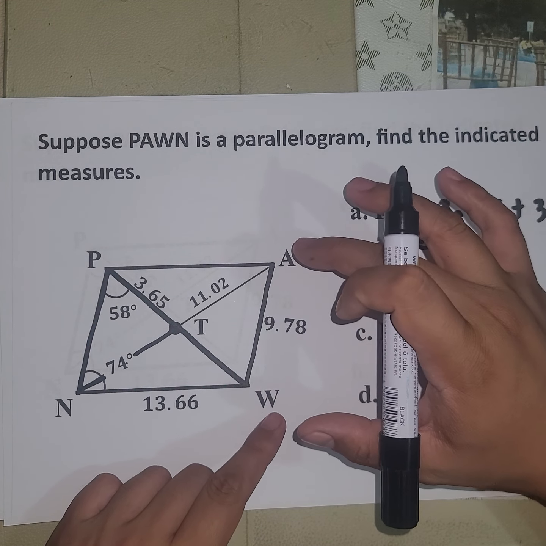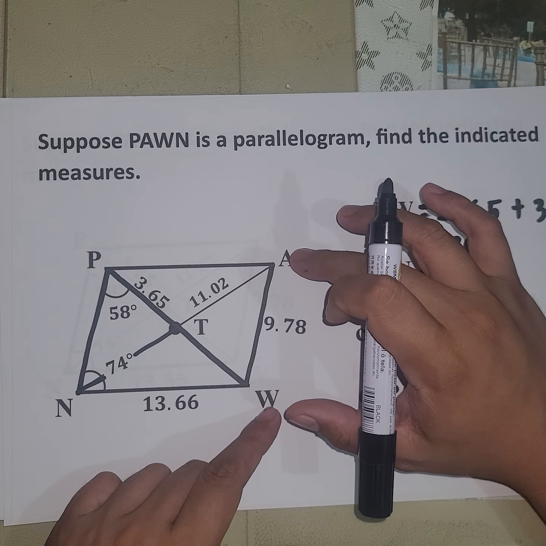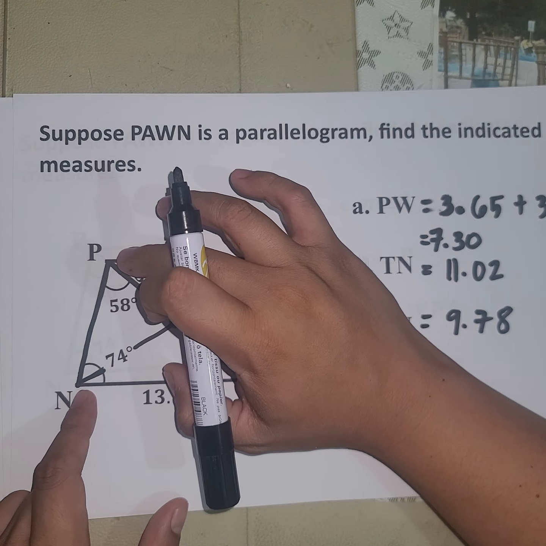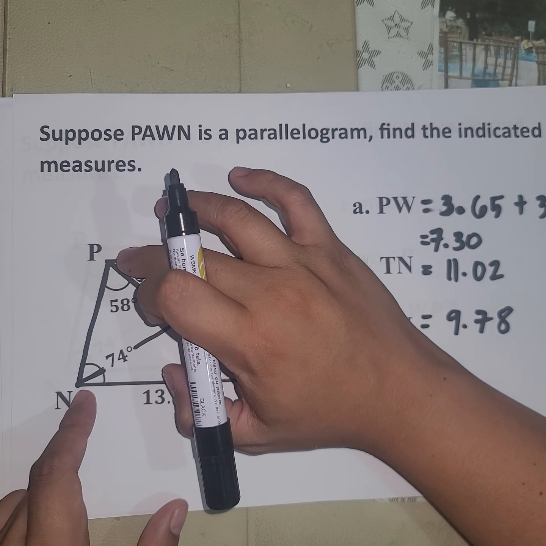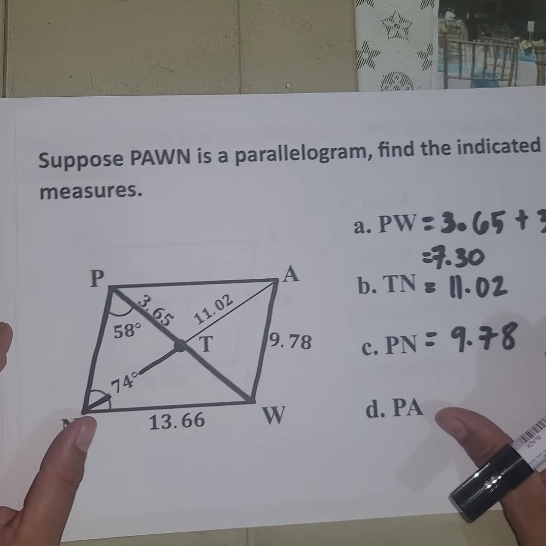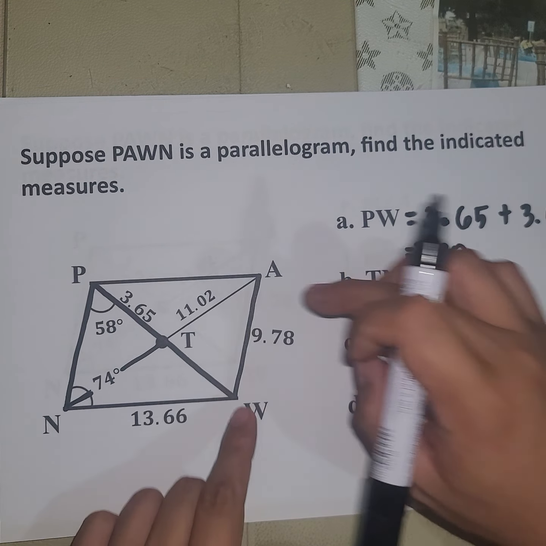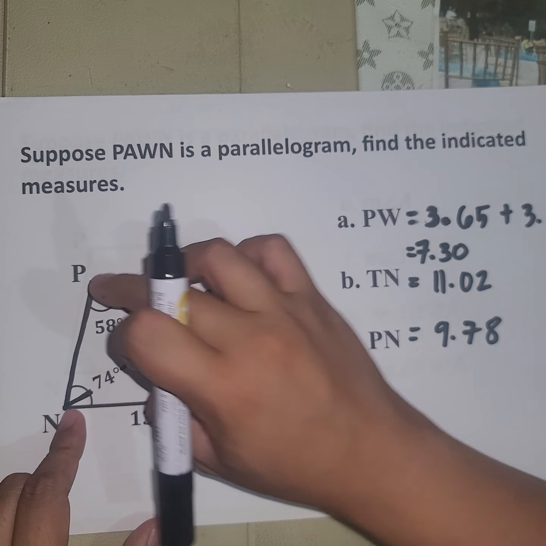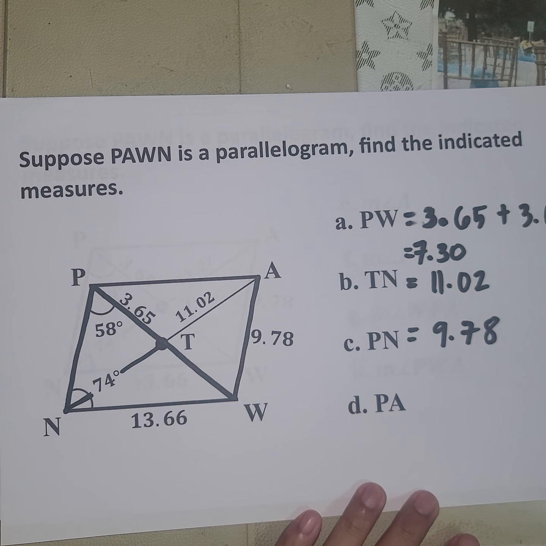So, segment AW is congruent to segment PN. They are the opposite sides of the given parallelogram. Kung ang AW ay 9.78, PN is also 9.78.